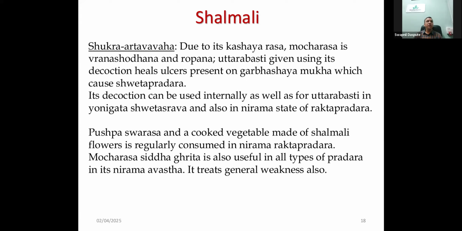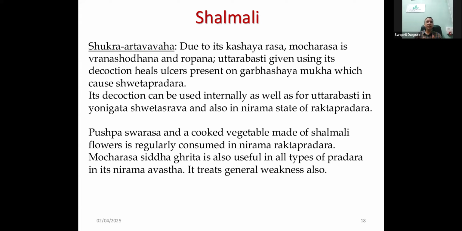Its decoction can be used internally as well as for uttarbasti in yonigata shweta srava. So a white discharge, shweta pradara and shweta srava would be the same, and also in nirama state of rakta pradara.